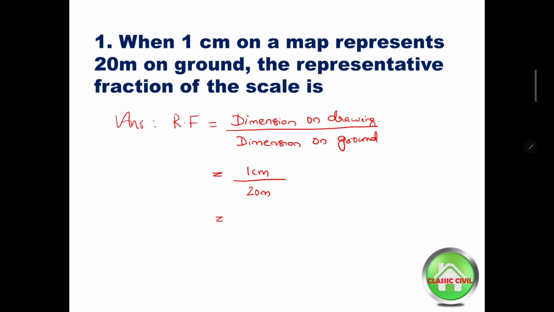Convert it into the same units. 1 centimeter divided by 20 into 100 centimeter, since 1 meter is equal to 100 centimeter. Then 1 divided by 2000. Representative fraction RF is equal to 1 divided by 2000.